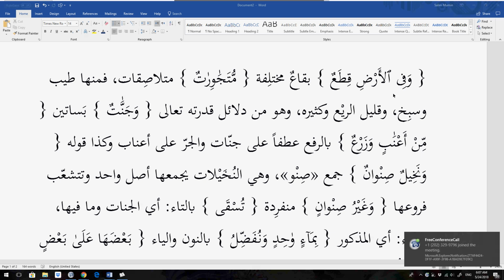So it reads, وَفِي الْأَرْضِ كِتَابٌ, and in the earth are tracks. So he's going to give the idea of what this is saying. The tafsir just helps us understand what is being said.